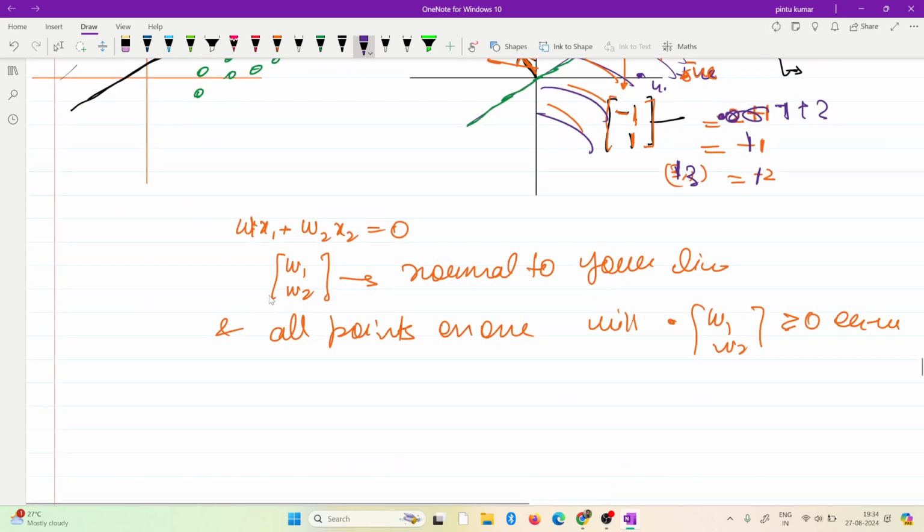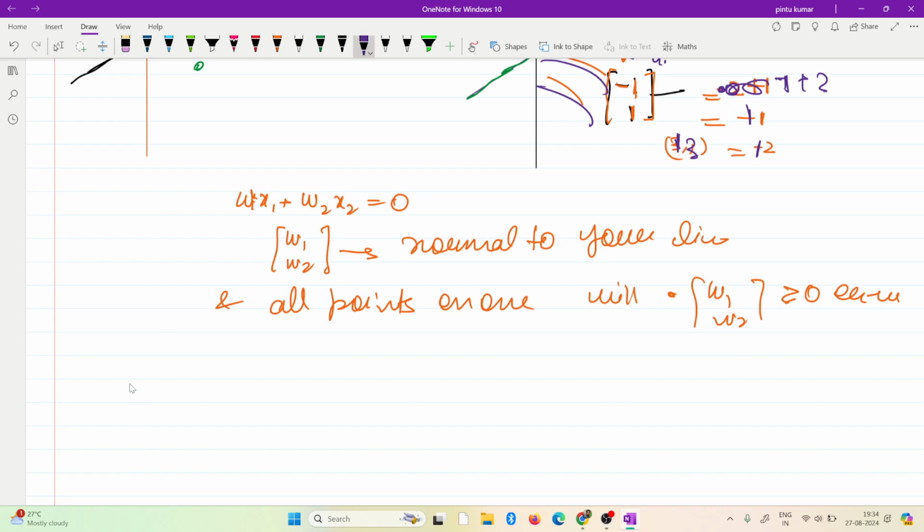So the relation that you get is, for all the purple cross data points, you want their x transpose w, with this weight that you have, to be greater than or equal to 0, and for all your green circles you want x transpose w to be less than or equal to 0. This is what you want.